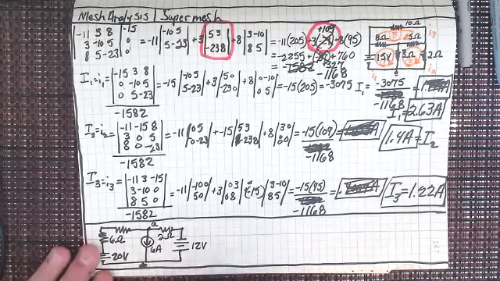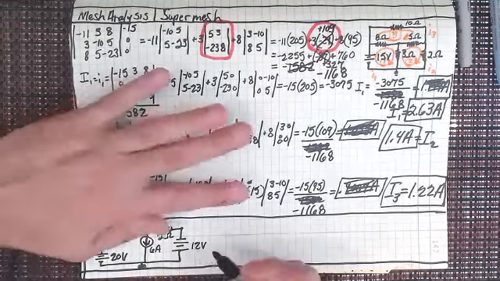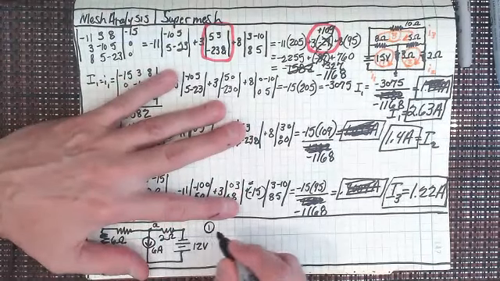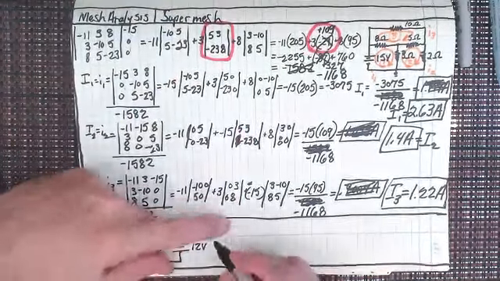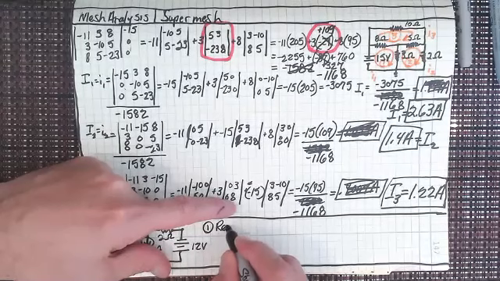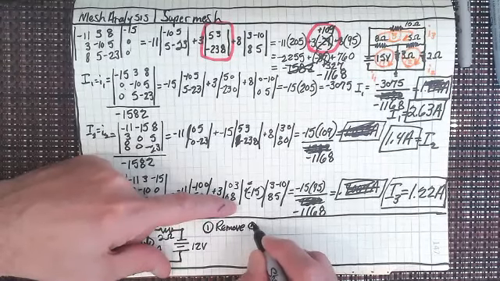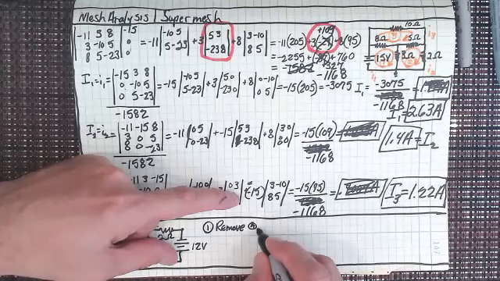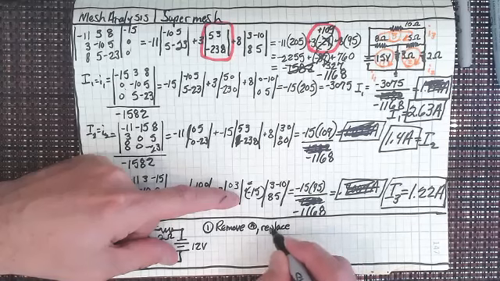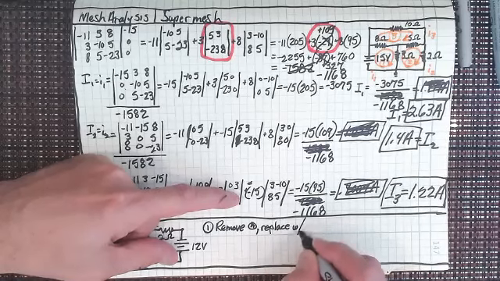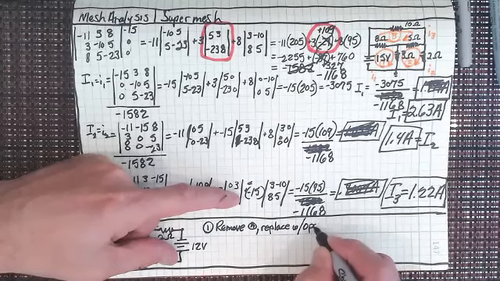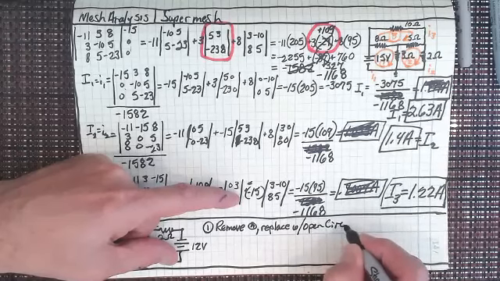And so now what we want to do, the procedure for mesh analysis is remove the current source, replace with open circuit.